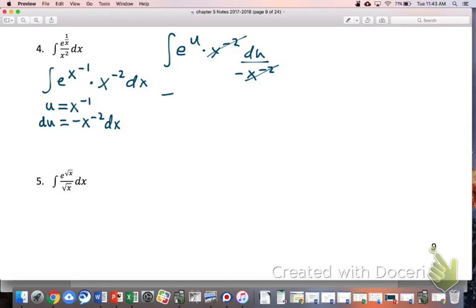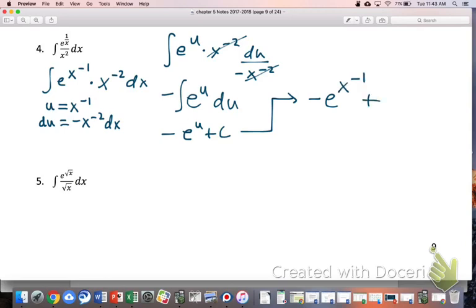And so you end up with the negative of e to the u du. And this is where, of course, the finish is very easy. We know that the antiderivative of e to the u du is always e to the u. We end up with negative e to the u plus c. And then our final step, because this is an indefinite integral, would be to plug back in. So negative e to the x to the negative 1 plus c.